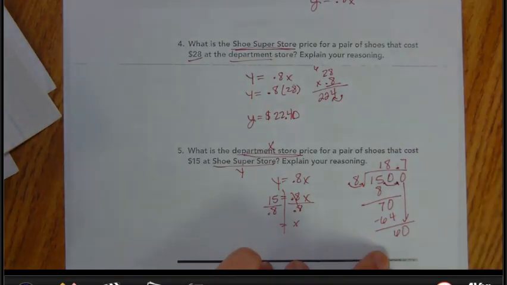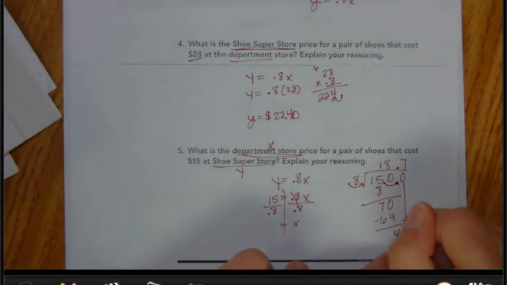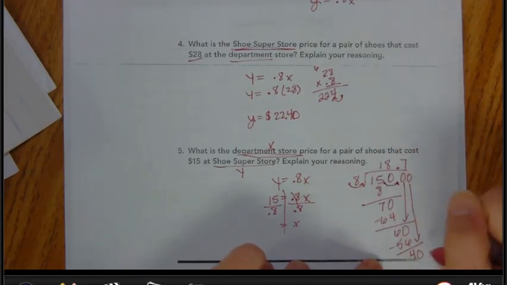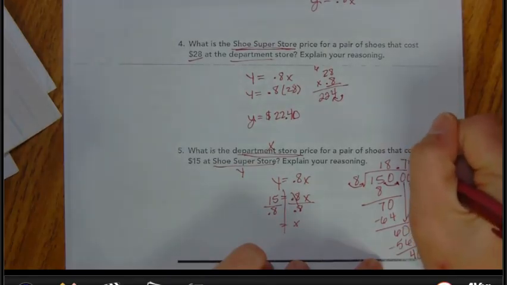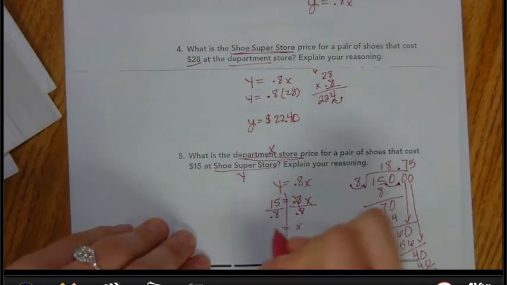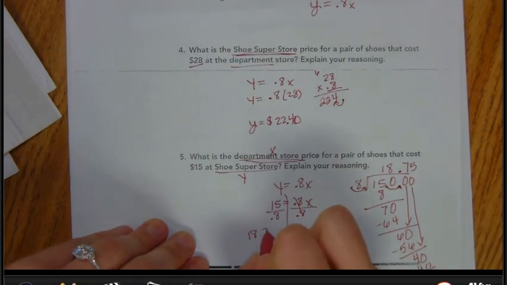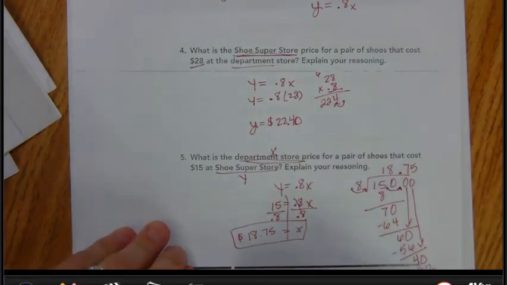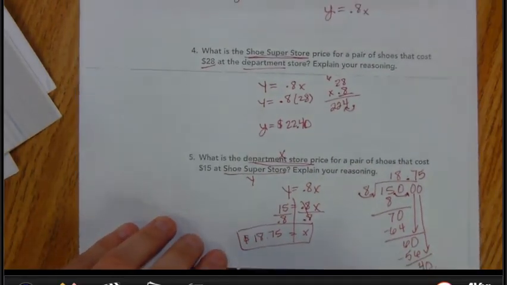So 8 times 7 is 56. Subtract. I have 4. Add another 0. Bring it down. 8 can go into 40 5 times with nothing left over. So at the department store, the original price of my shoes was $18.75.